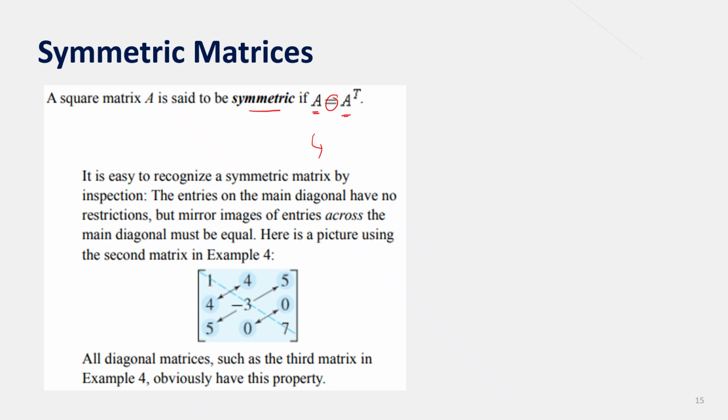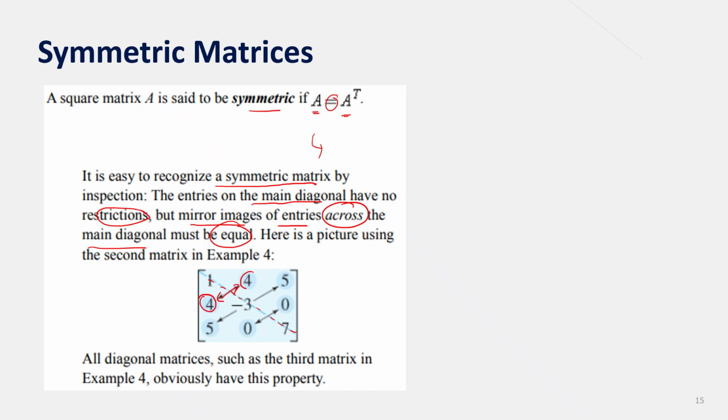It is easy to recognize a symmetric matrix by inspection. The entries on the main diagonal have no restrictions, so they can be any value, but the mirror image of entries across the main diagonal must be equal.